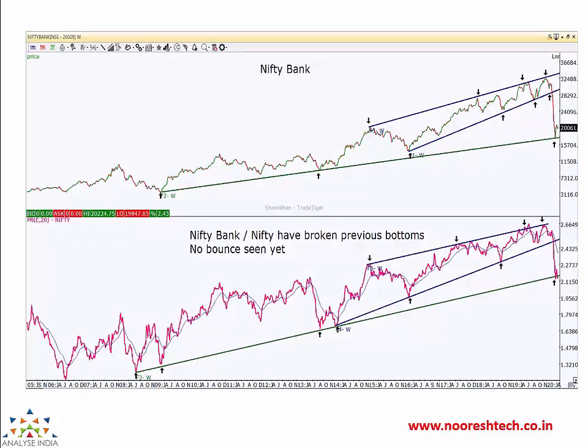Now this is the Nifty Bank chart, and below is the ratio chart, which is Nifty Bank divided by Nifty. As you can see, after the 2008 financial crisis, the Bank Nifty did not perform much, and a major breakout came only in November 2014.